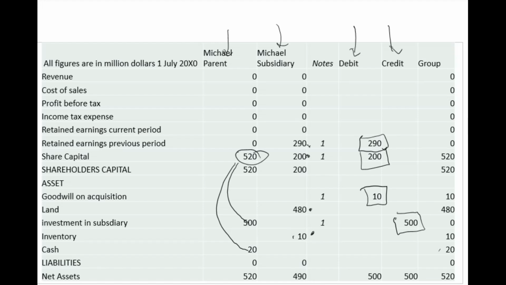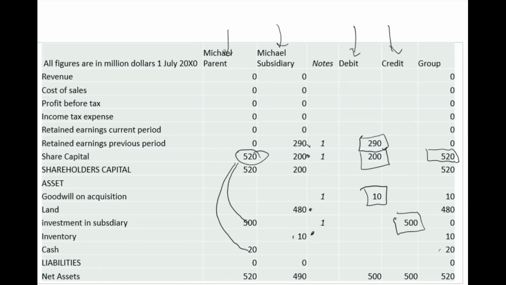Once that is done, we can add the rows across, keeping in mind whether the accounts are debit or credit balances, and then the adjustments as debit or credit. What we find here is the share capital of the group is 520 million.